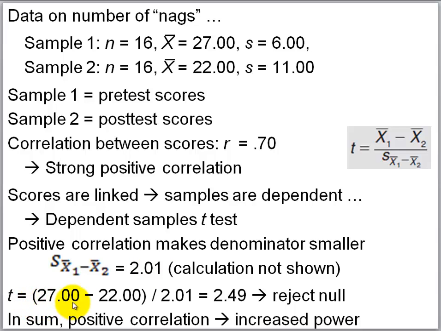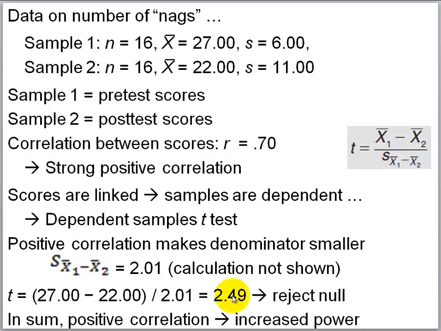So again, we have the same means in sample 1 and sample 2 as we did in our prior example, but now we're dividing by 2.01 rather than by 3.13, the positive correlation having made this denominator smaller.